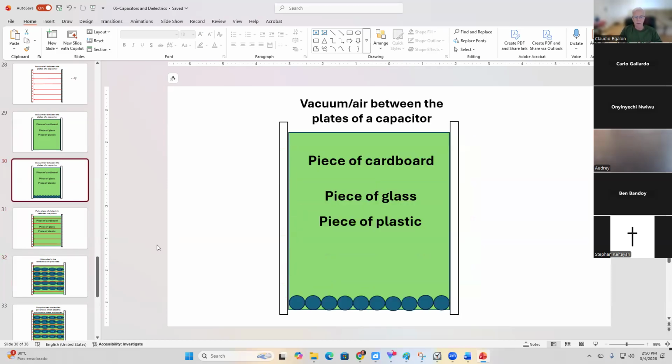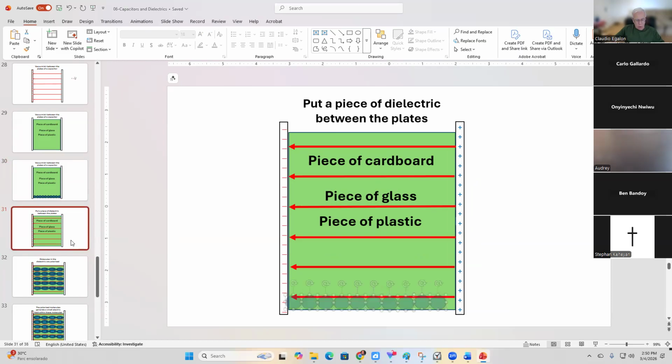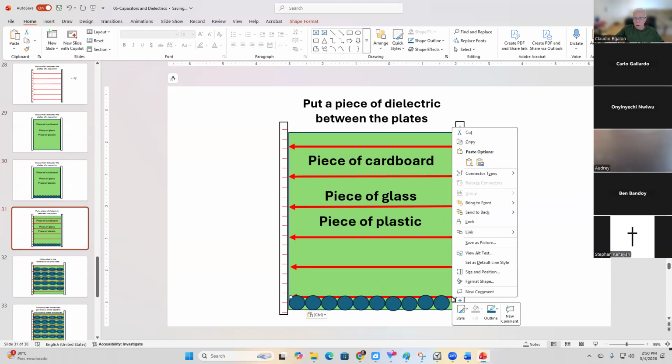Initially those molecules were round, right? And the negative and positive charges were very close to each other.